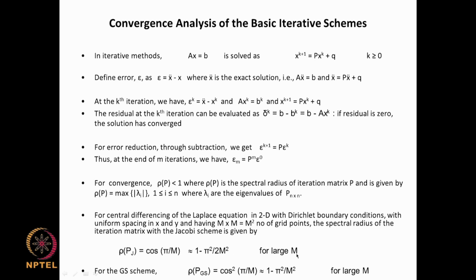If you have a few divisions, like a 4 by 4 matrix, then this may not be applicable, but if you have 40 by 40 or 100 by 100, for a large value of divisions m here, then the largest eigenvalue is given by 1 minus pi square by 2m square. Now what does this mean?